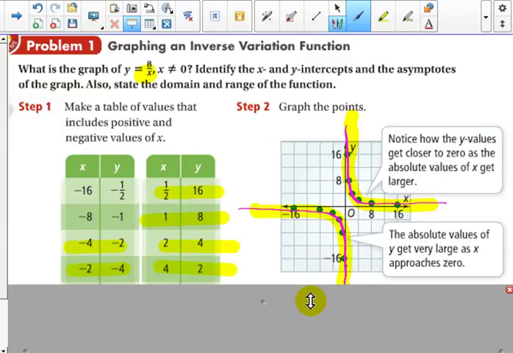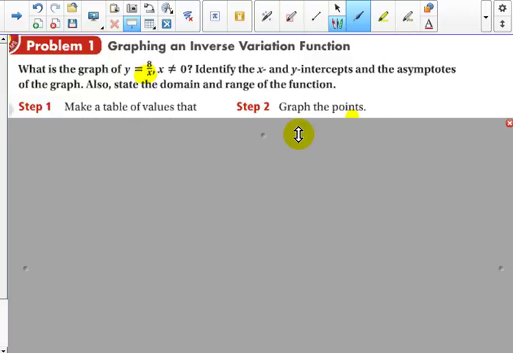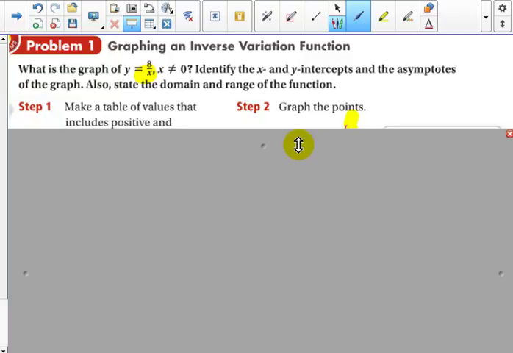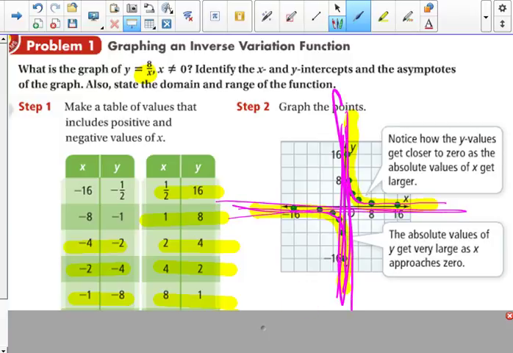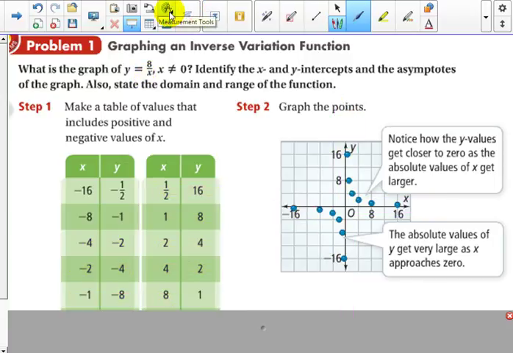When you don't have any horizontal or vertical movement, then your asymptotes are just the x and y axes. Y is the vertical, x is the horizontal.